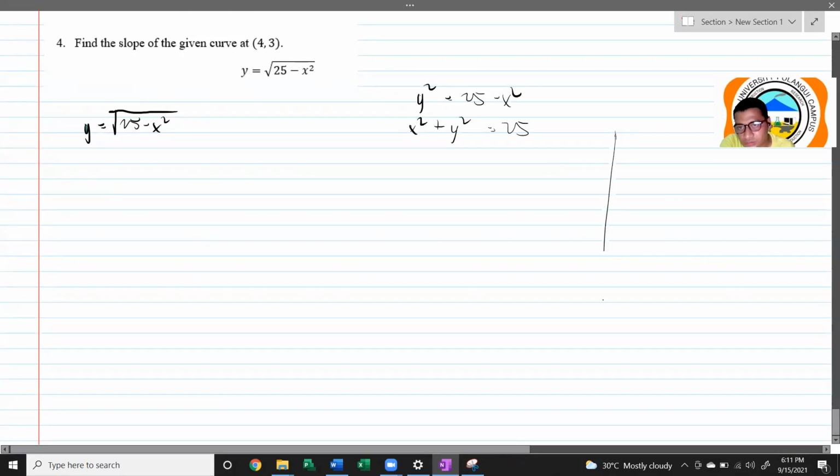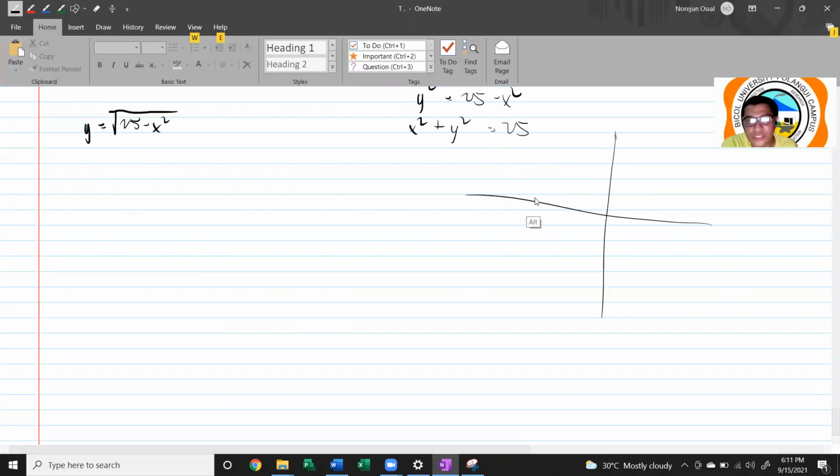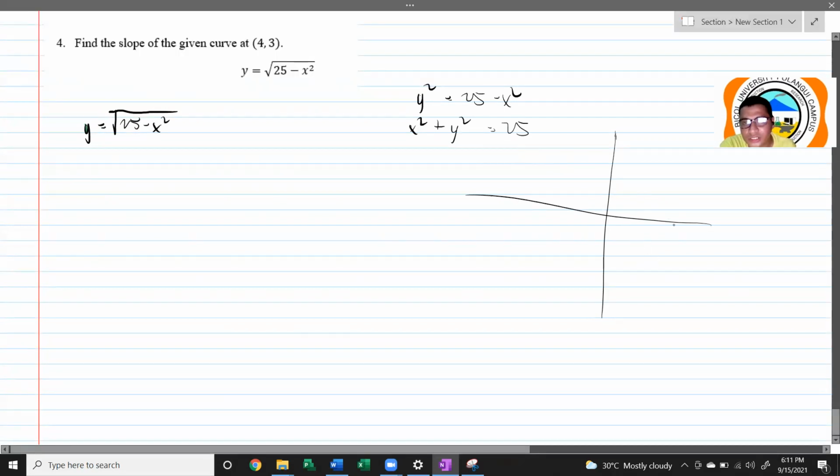So suppose the graph of this circle is this one. Since the circle is divided into two branches, we have y equals square root of 25 minus x squared and y equals negative square root of 25 minus x squared.